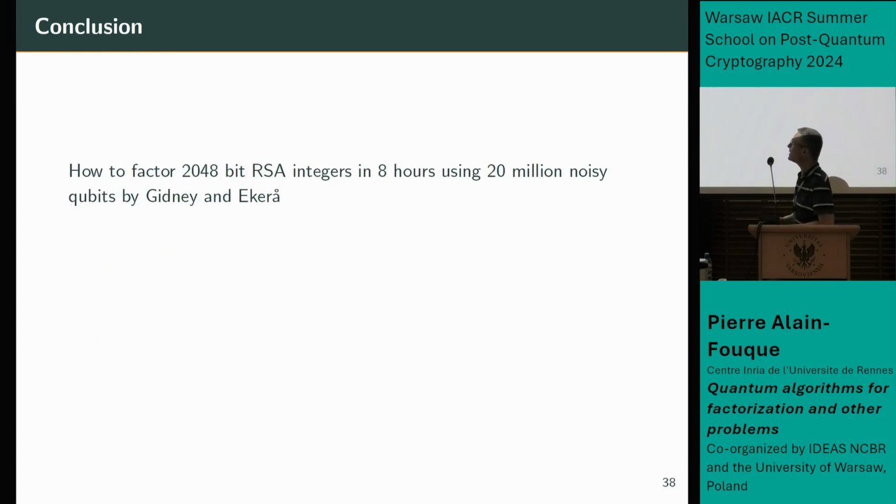Okay. So the conclusion is that all the algorithms that I described work for logical qubits, and how far are we from factoring?